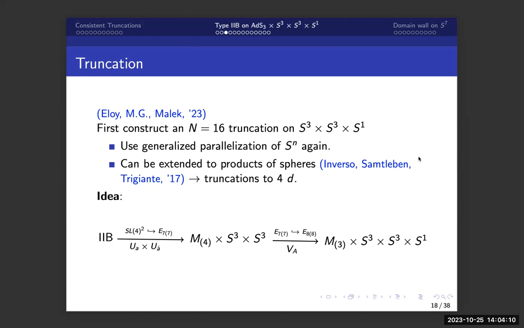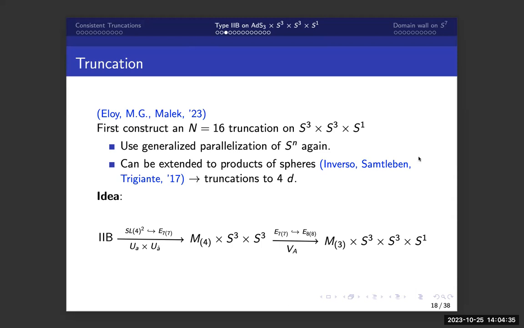This is a product of spheres, and so we can in fact use this result that spheres admit this generalized identity structure. And it was proven in the context of 4-dimensional truncation that this extends to products. So we can use it. In order to construct the consistent truncation, we start from type 2B. We construct a truncation on S3 times S3 to 4 dimensions.